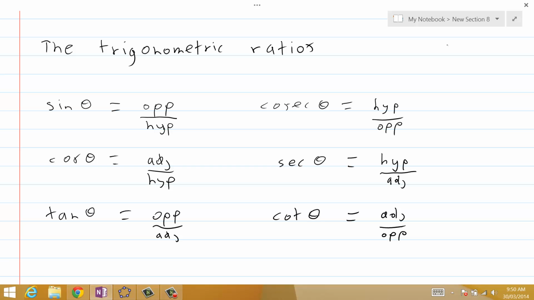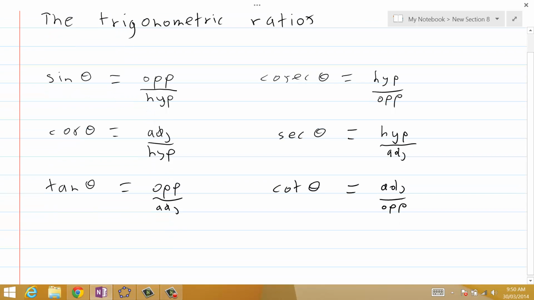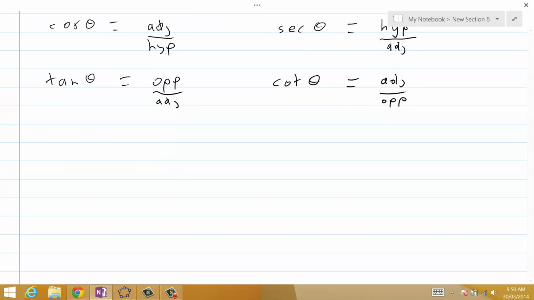What we are talking about here, when we're talking about theta and opposite and hypotenuse and adjacent, is a right-angled triangle. We have our angle theta.